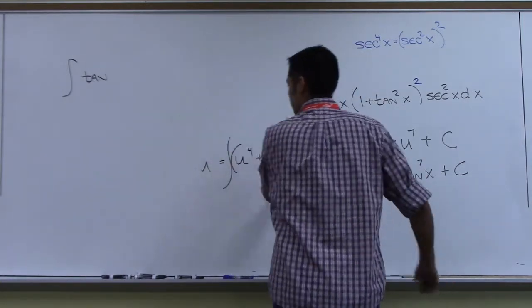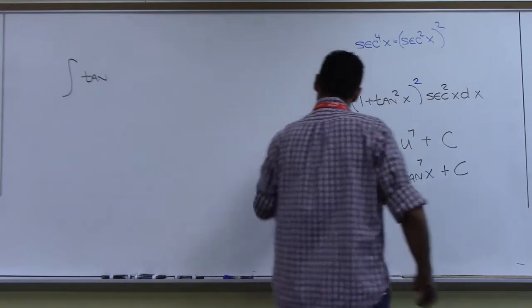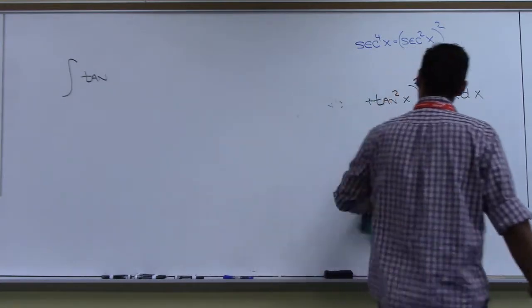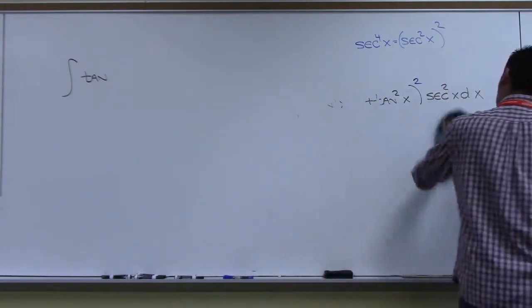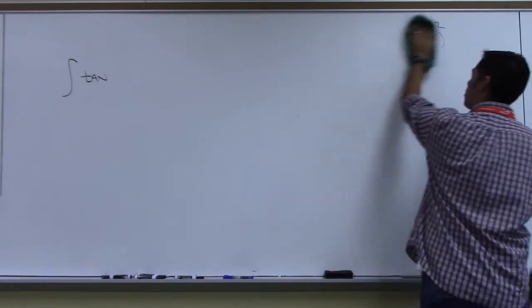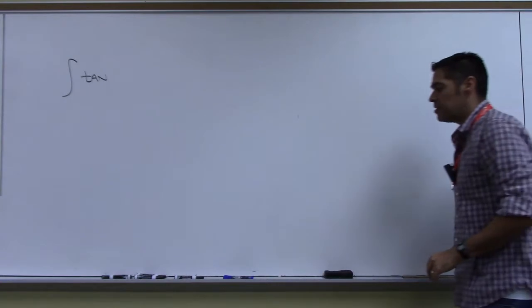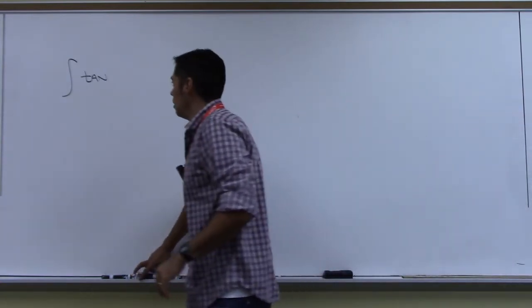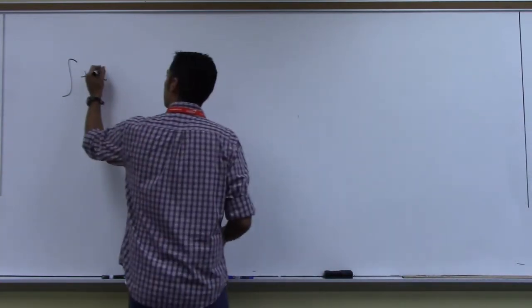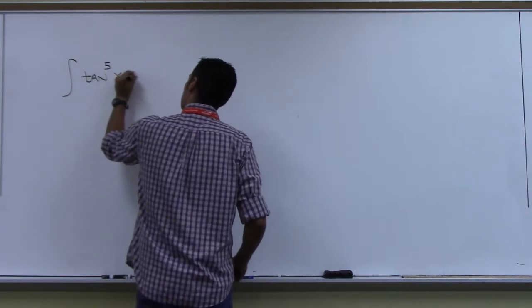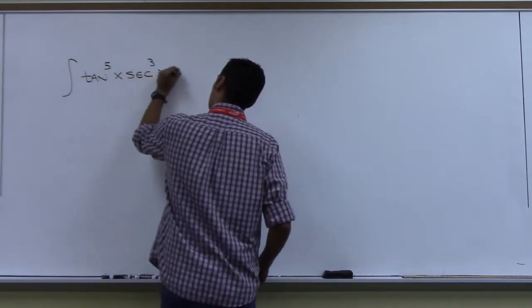No. That's not what it says we should do. It says if tangent is odd, right? If tangent is odd, I should peel off a tangent x and a secant x together. So I have tangent to the fifth x secant cubed x dx.